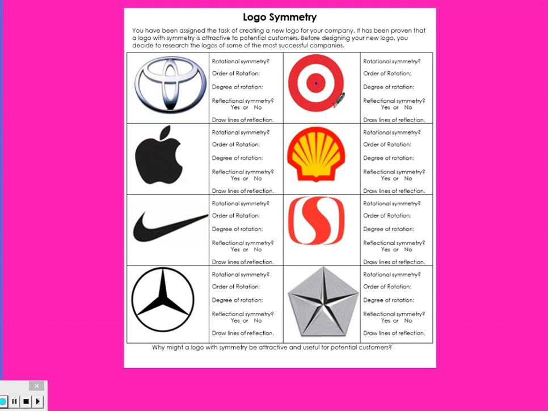There isn't a line through that center that wouldn't be a line of symmetry, right? As long as I go through the center of this picture, it's going to be symmetric. So I would say the order of rotation is infinite.